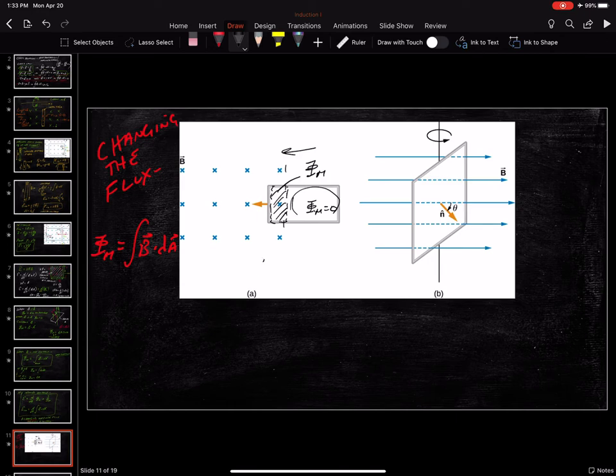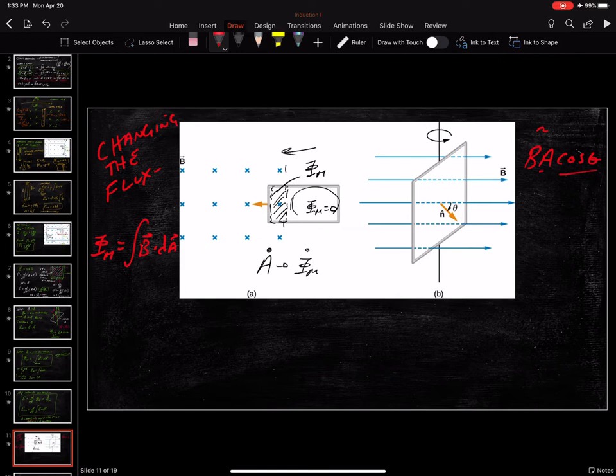So here you have, if you like, A dot is changing. This is what gives you phi m dot. But remember, there's a couple of other things. The magnetic flux is basically BA cosine theta. And so one thing that you can do, besides changing the area, is change the angle.